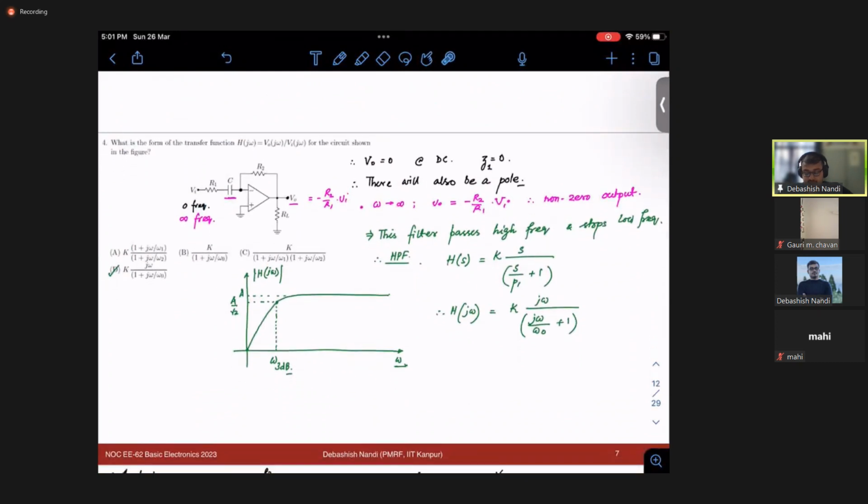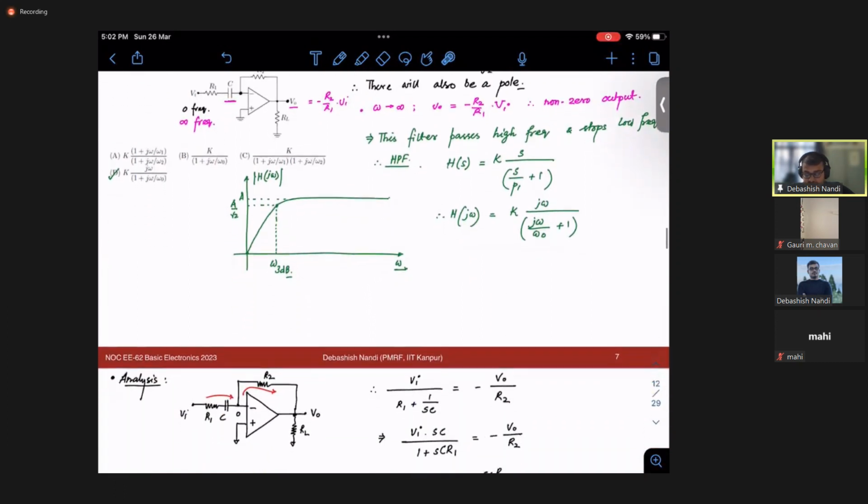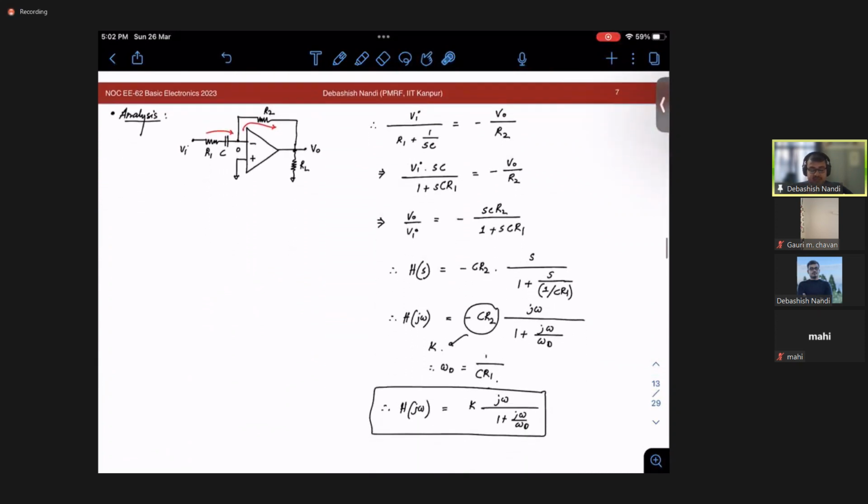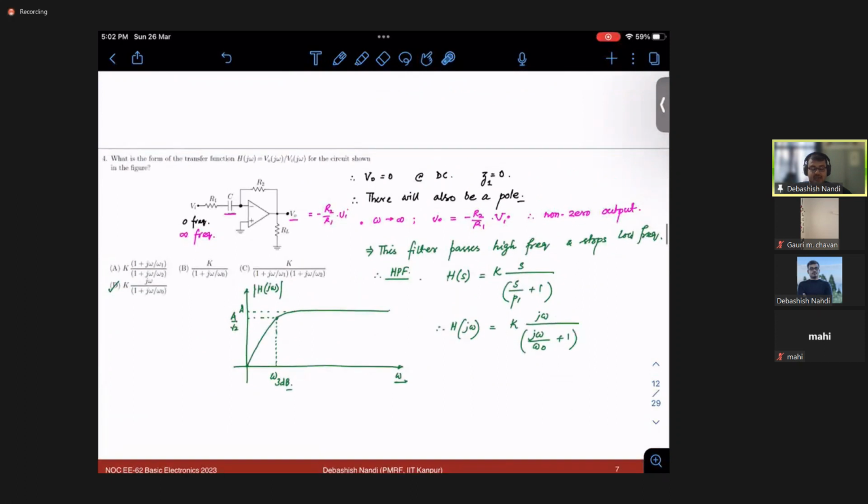Then we have discussed this case, how the nature of the transfer function will be. First, I have discussed how intuitively we can tell it, and then also by simple circuit analysis we have discussed how we can rigorously do the analysis and find out the same solution, right? You see, here I have just written 2 lines, and if you think about it, you can just get it by looking at the circuit.